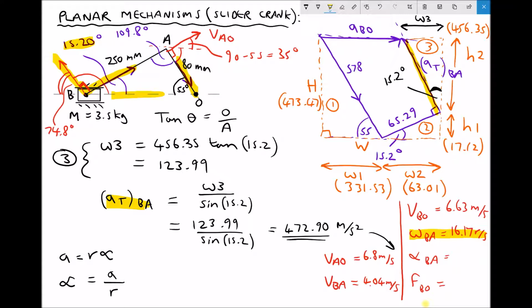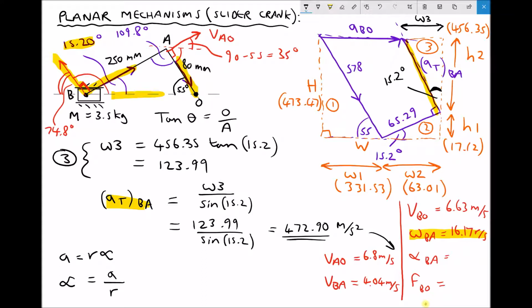The reason being is because the angular velocity is tangential to the link, therefore the angular acceleration that we're interested in must also be tangential to the link. So we're going to use AT for B relative to A, and we're going to use the length of the linkage AB.